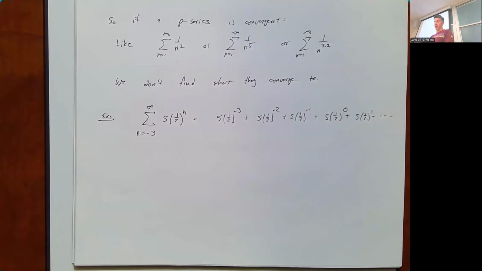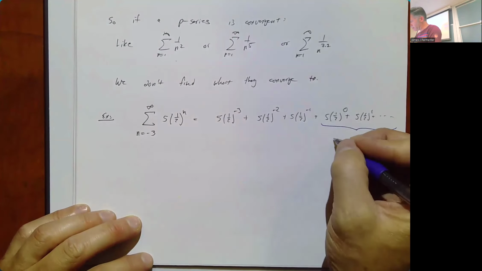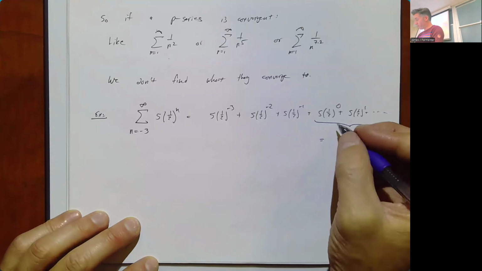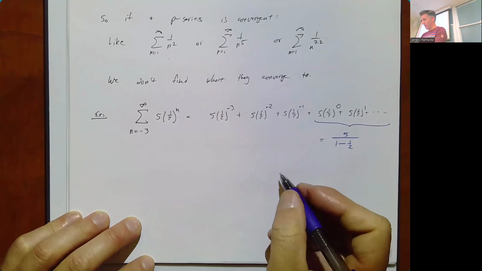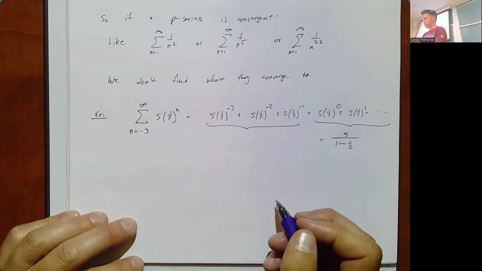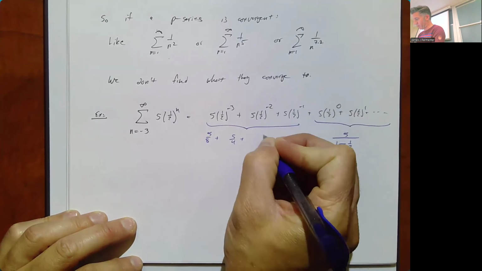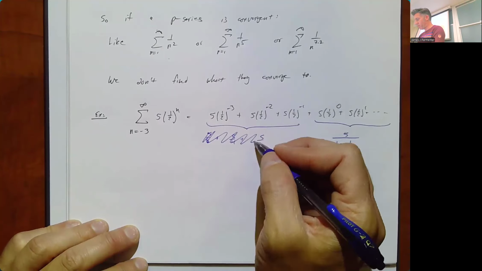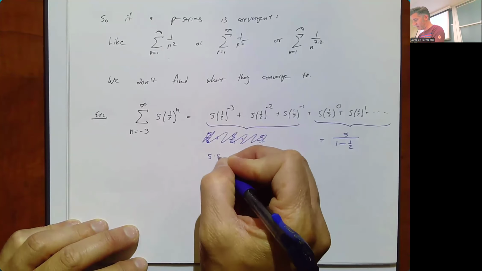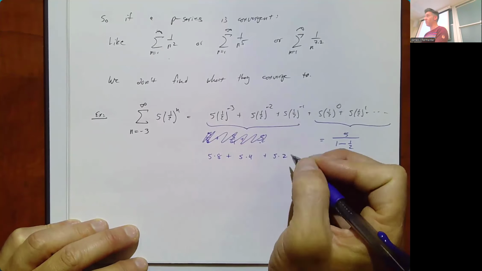You can either find what it sums to by saying, well, we know that this part sums to a over 1 minus r, and then you could add on these parts here, which is 5 over 8 plus 5 over 4 plus 5 over 2. Sorry, that's wrong. That's 5 times 8 plus 5 times 4 plus 5 times 2.